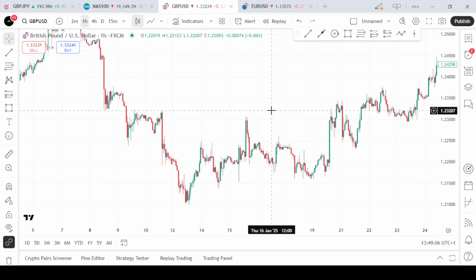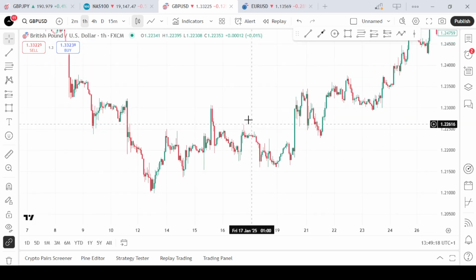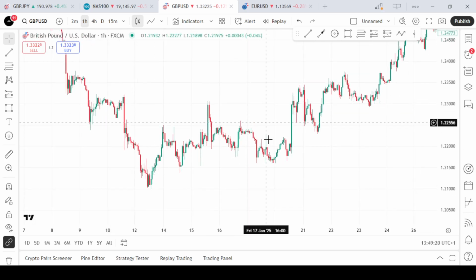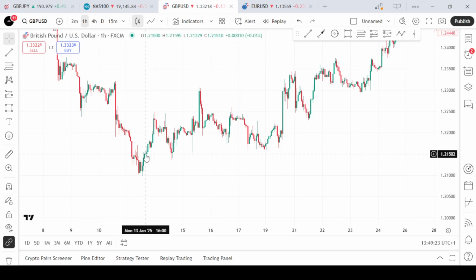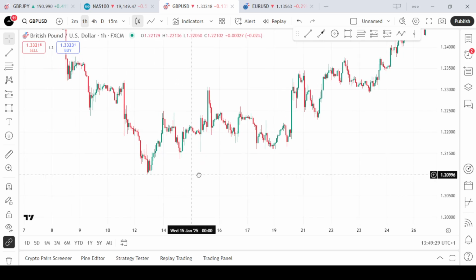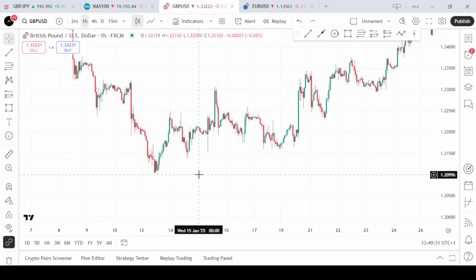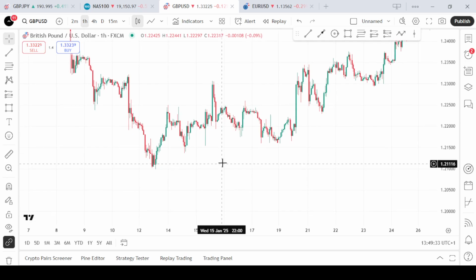Understanding how to identify and trade with the golden pocket can give you an edge in the forex market, helping you spot potential reversals and manage your trades with great confidence. So stay with me until the end of this video to learn exactly how you can apply this powerful technique to your own trading strategy and start making more informed decisions in any market condition.